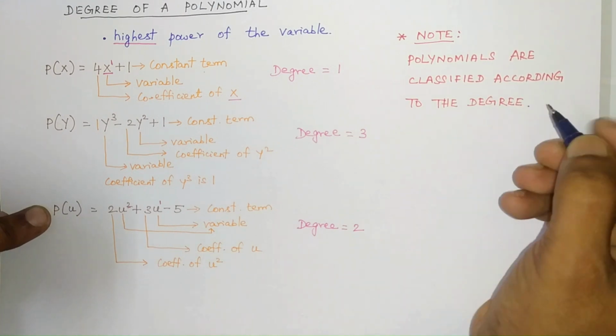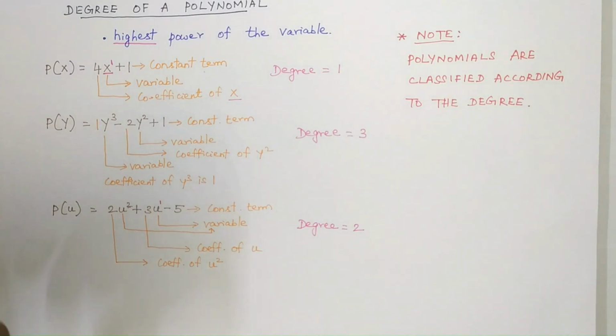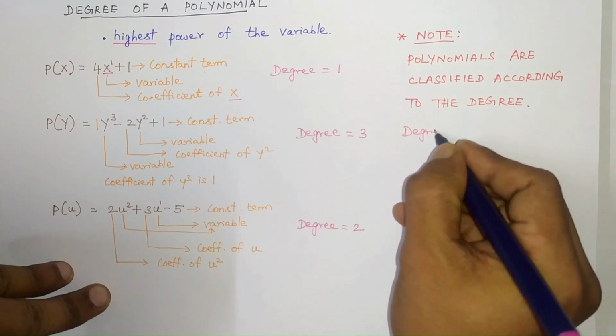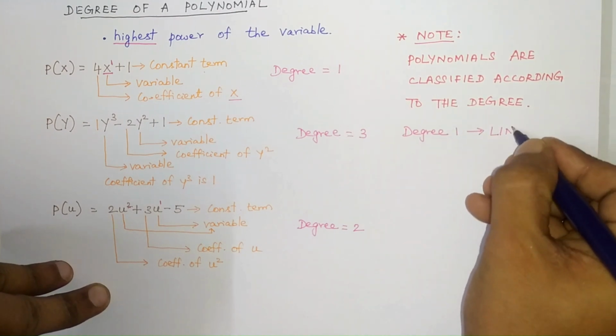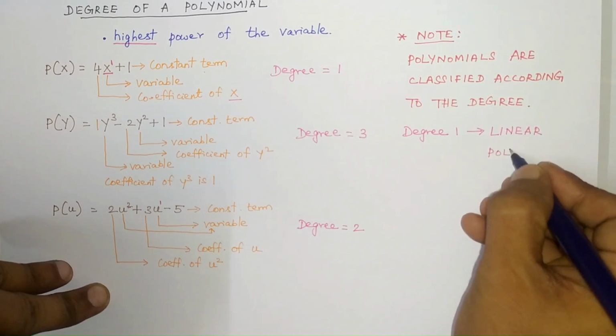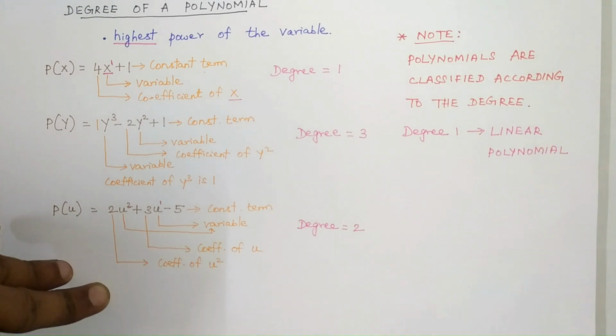So how is it classified? If it is having degree 1, it is called a linear polynomial. Okay.